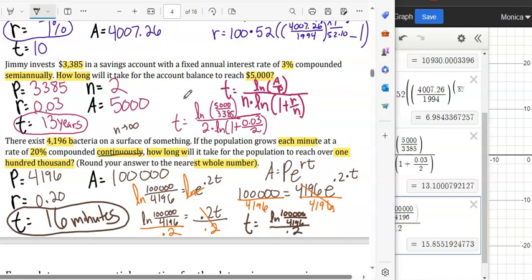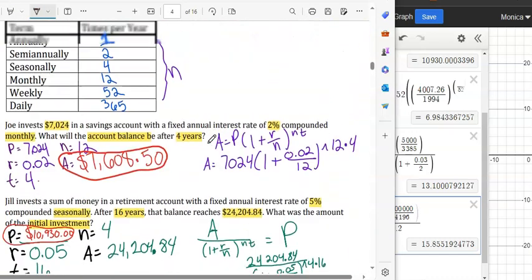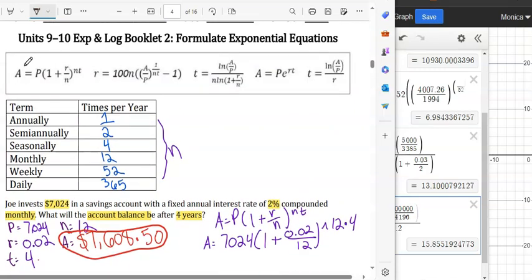For these types of questions, normally they will only give you this formula with the A by itself for non-continuous compounding, and then the one where A is by itself for the continuous compounding. You'll need to either remember or know how to formulate and derive these other formulas.